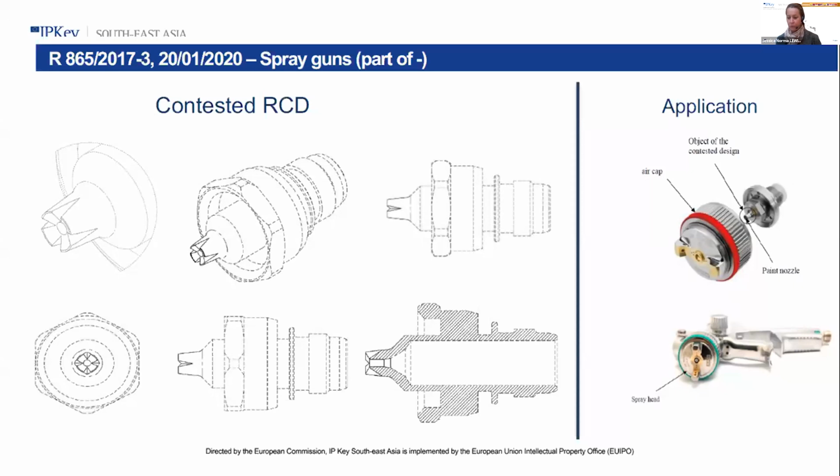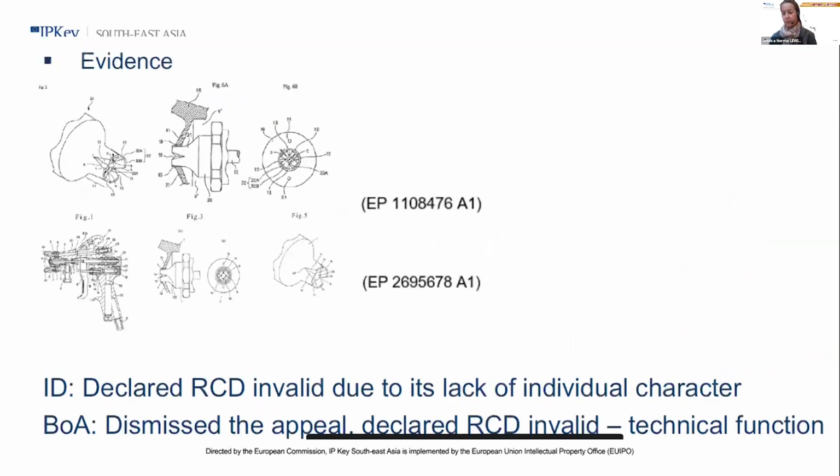The applicant invoked technical function and also invoked an earlier design, which is on the right, and attacked the contested design for lack of novelty, individual character. So in the next slide, you can see that the RCD was first declared invalid due to its lack of individual character, because we can choose the ground for invalidity that we consider is the best suited to the case.